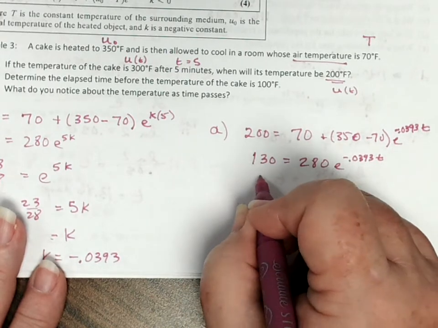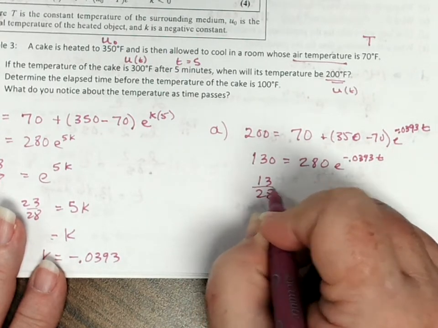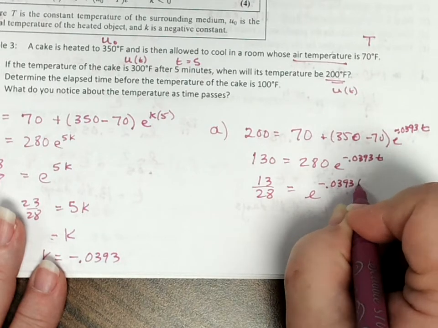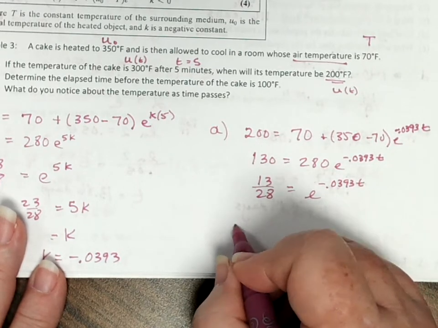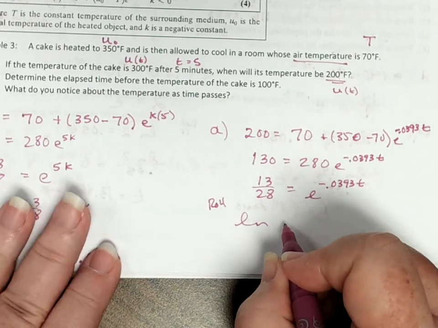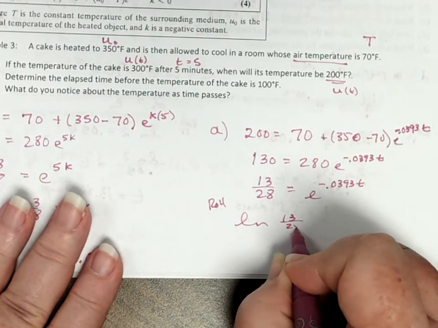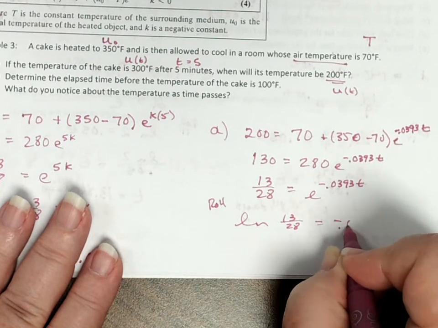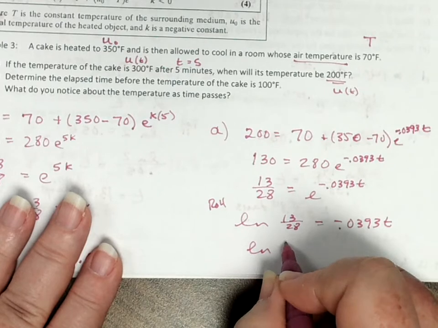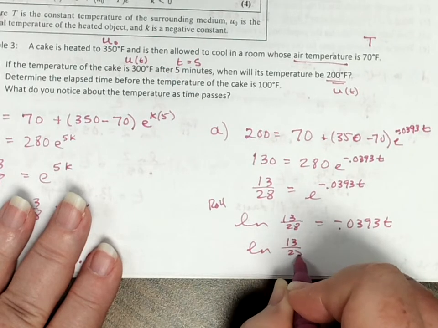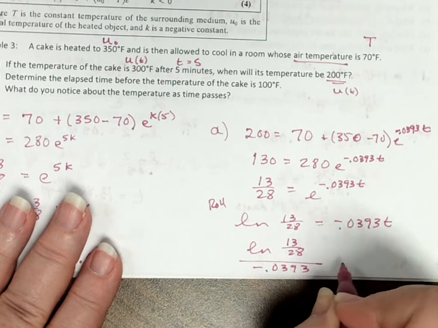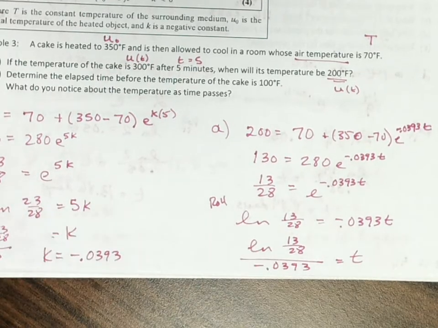We're going to divide: 13/28 equals e to the negative 0.0393 t. Take the natural log of both sides. We're going to roll it right here. Natural log of 13/28 equals negative 0.0393 t. And then finally, the natural log of 13/28 divided by negative 0.0393 will give me my t value.